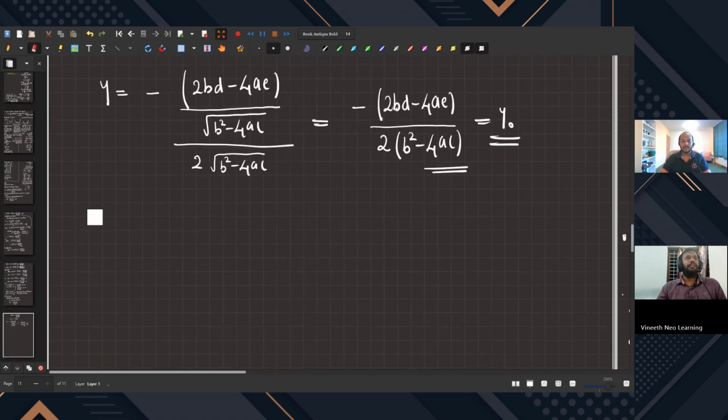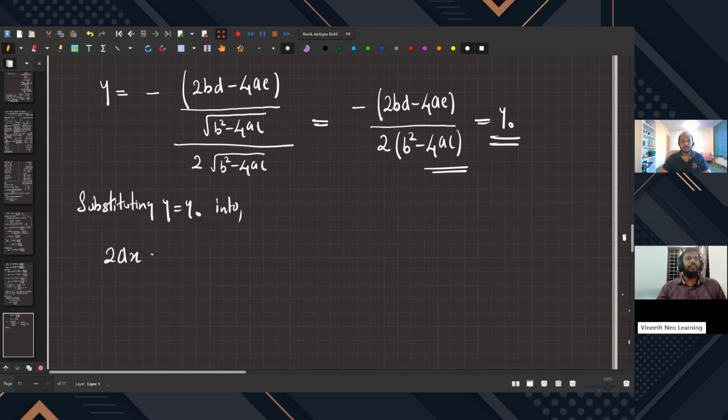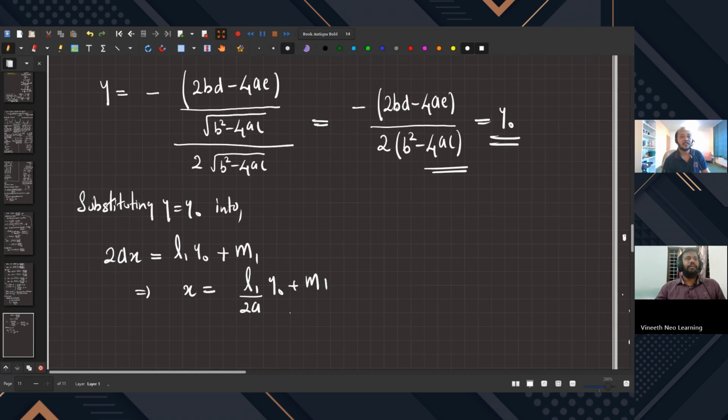Substituting y equals y naught into 2ax equals L1 y naught plus m1, we get x equals L1 over 2a times y naught plus m1. If we solve this, we get it. I found the reasoning for why we can just start from y naught.